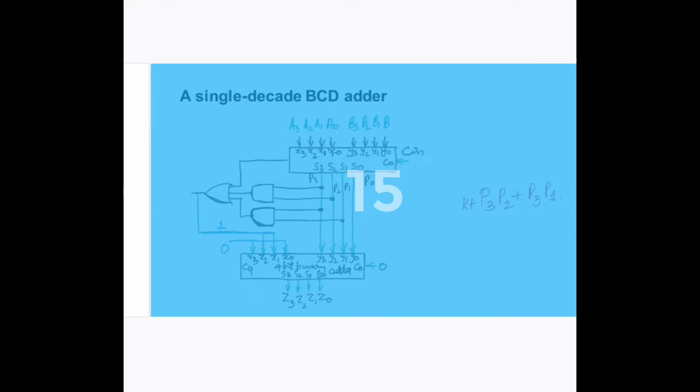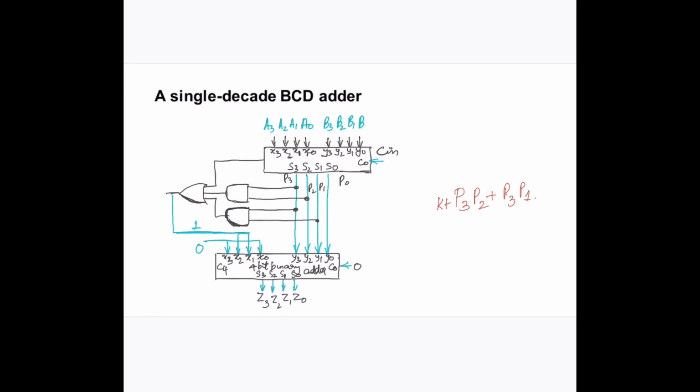So now we can draw the single decade BCD adder. This is a 4-bit binary adder. Here we have given the bits A0, A1, A2, A3, and here we have B0, B1, B2, B3, and the carry is given to the network.